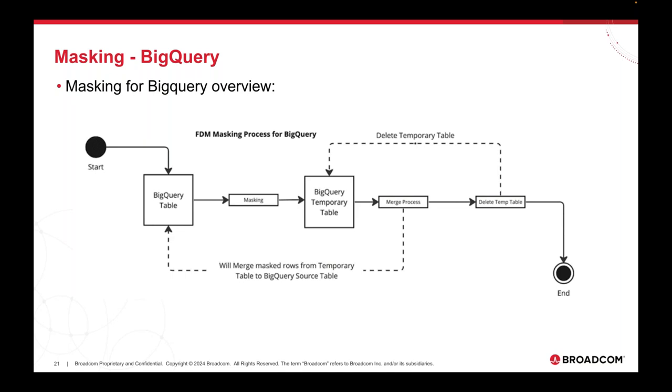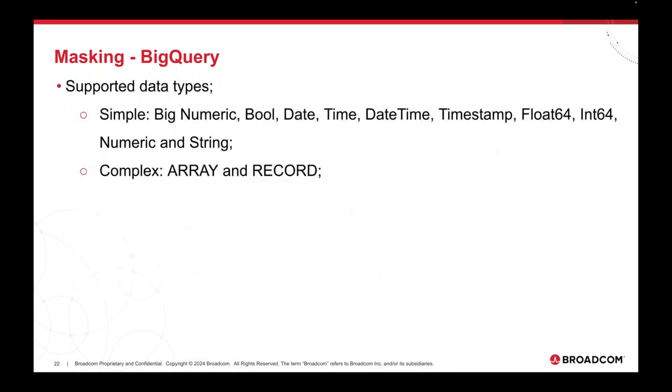For BigQuery, we need to have a temporary table where we write all the updated records, and then we run the merge process, which picks up this temporary table data and saves it into the real table. After that we delete the temporary table, and that is the end of the process.